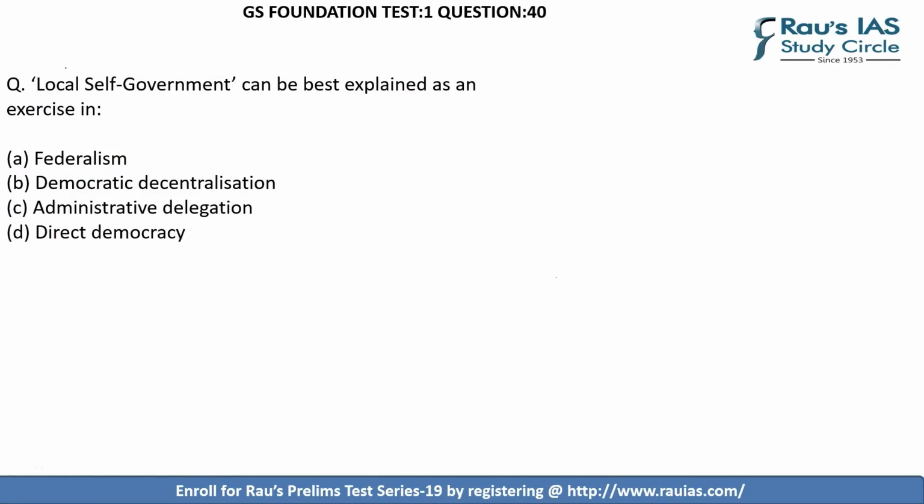Question number 40 reads that local self-government can be best explained as an exercise in. Now, before moving to the question, let us understand this simple concept. Generally, under federalism, power is divided between two bodies, that is, the center and the states. However, due to the vastness of India, under the 73rd and 74th Constitutional Amendment, local self-government was introduced for more effective administration of the country.